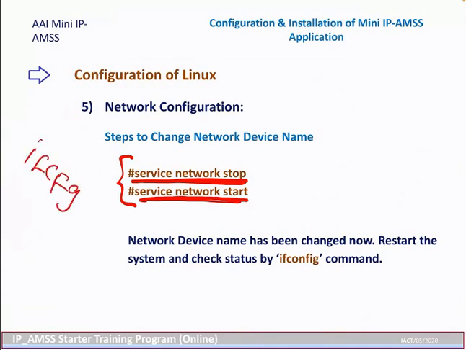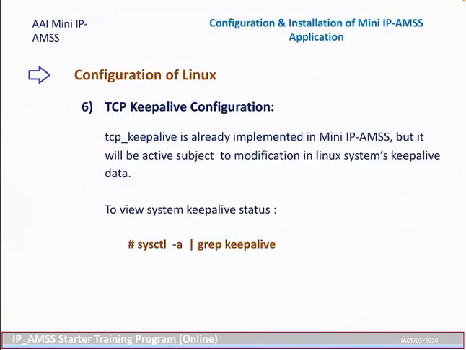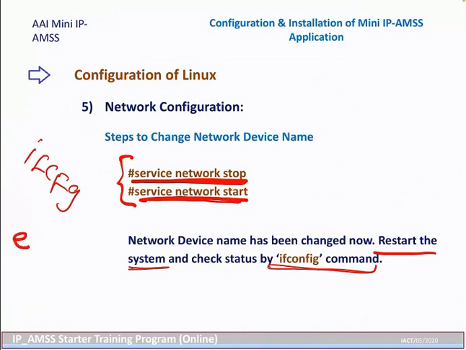So now what you have to do is restart the system. And only after rebooting the system, when you run the ifconfig command, then the proper changes that you had made will be visible: ETH0, the corresponding IP address, and then the rest of the names, ETH1 and ETH2.